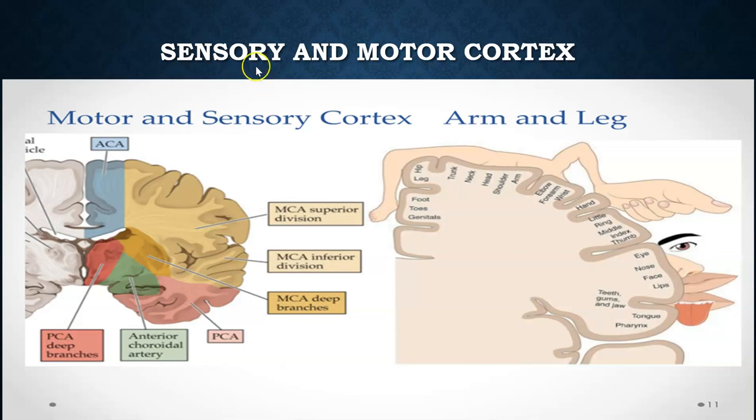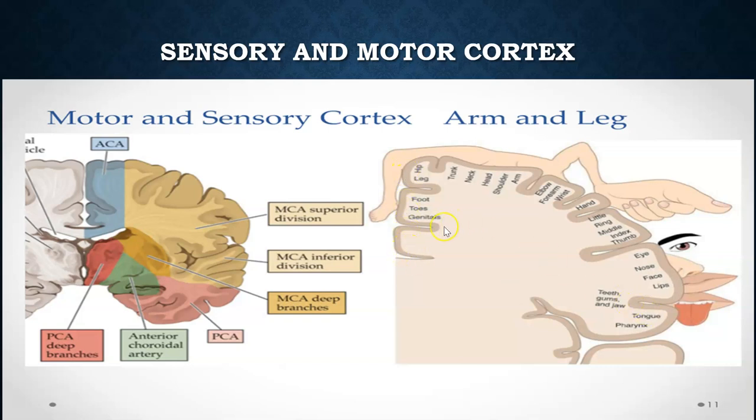So as I mentioned before, the superior part of the brain gets the blood supply from ACA, and after that the MCA division, correct? Before, the superior part was getting blood from ACA, and all the lateral part was getting it from MCA. So if there is an occlusion of ACA, your lower extremities will be affected.